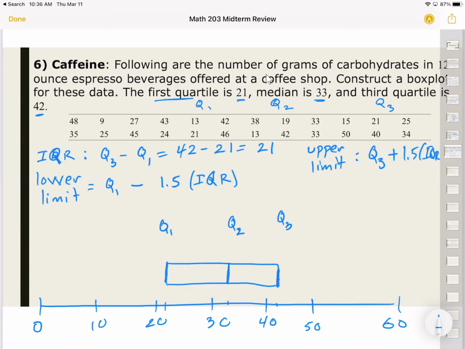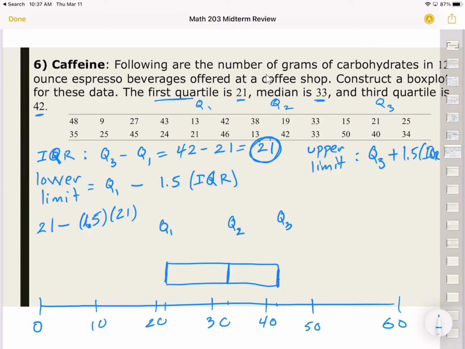So looking at this, do you see that my lower limit will be my Q1, which is 21, minus 1.5 times 21. Again, it's just a coincidence that my IQR is 21, because 42 minus 21 is 21, right?